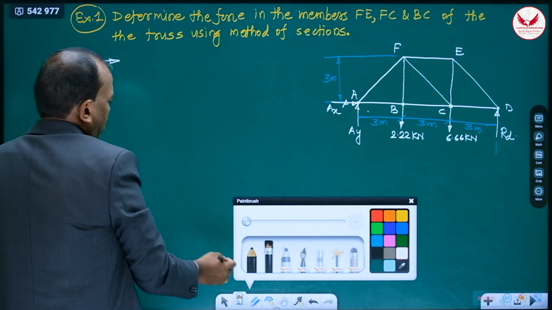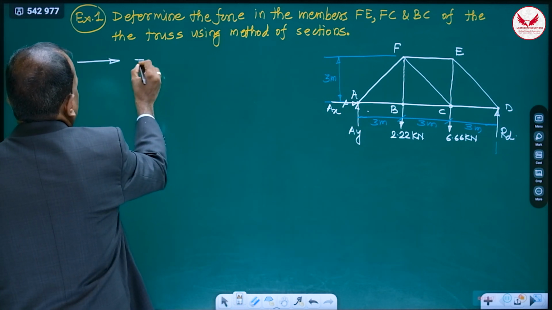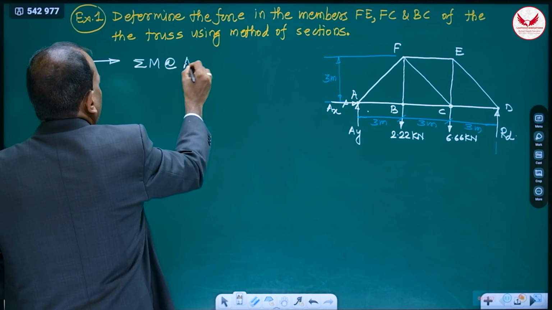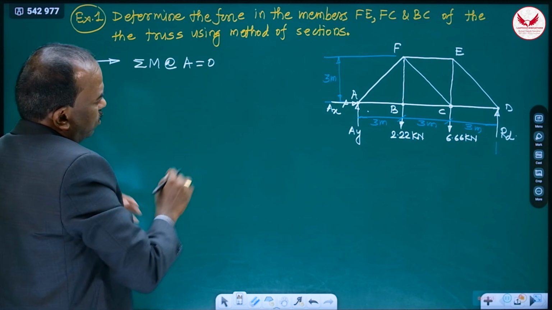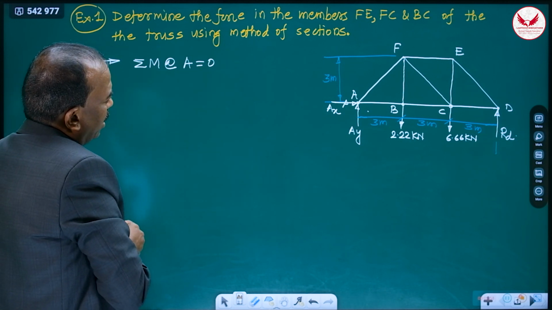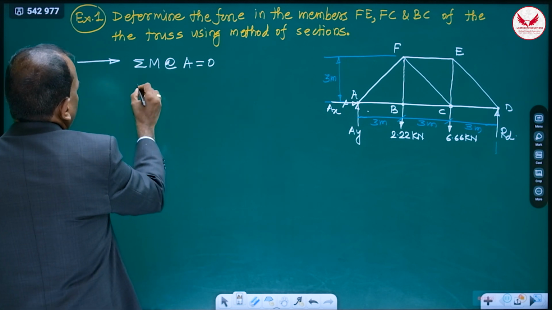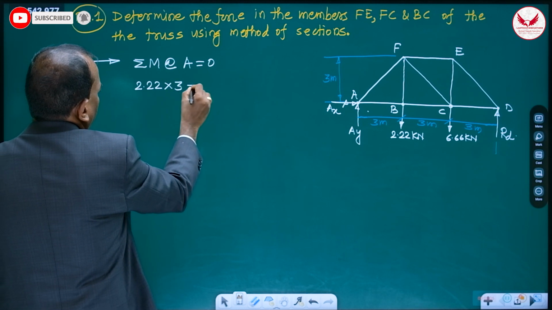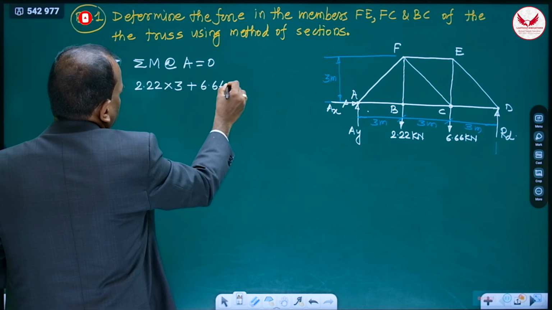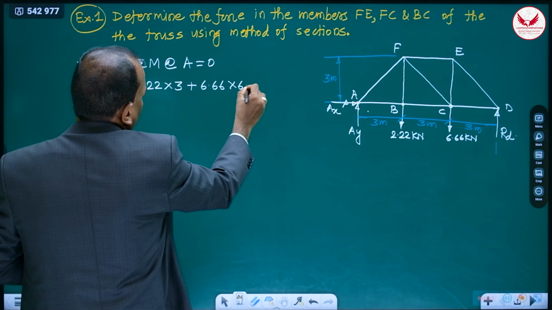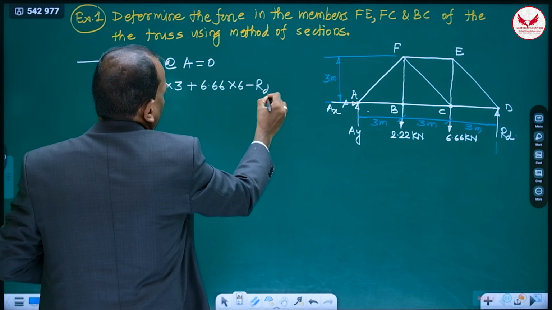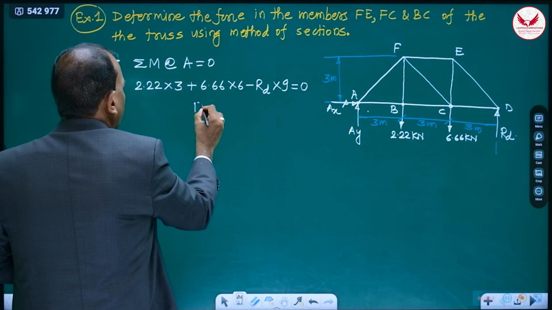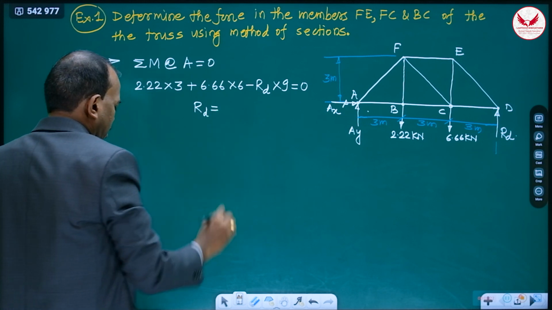For the whole truss, you use summation M about A equal to 0. Then what we'll get? 2.22 into 3 plus 6.66 into 6 minus RD into 9, it is equal to 0, and from this we'll get one reaction, RD.